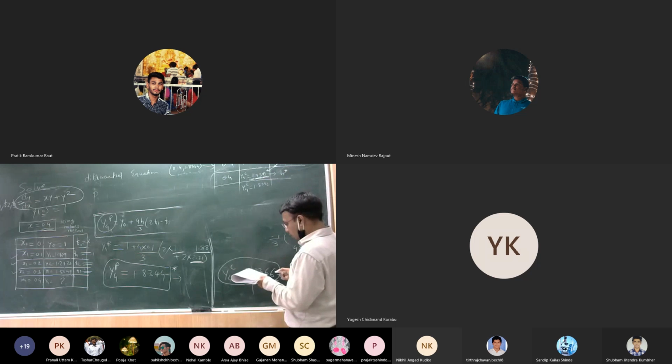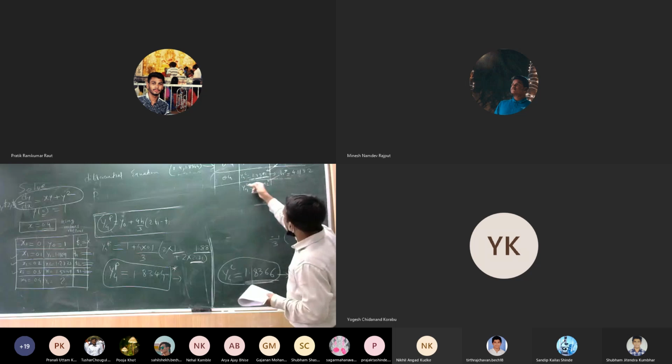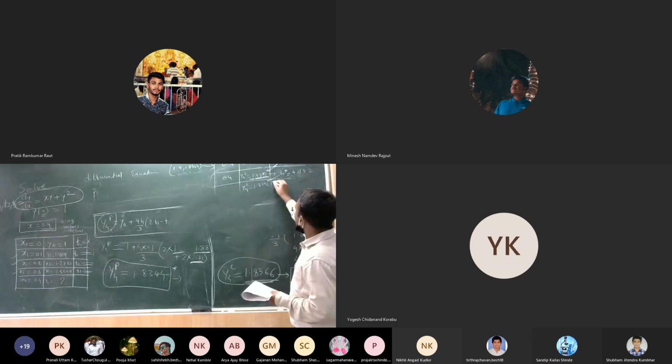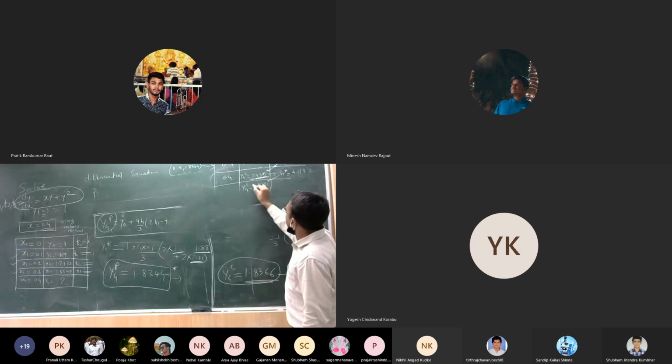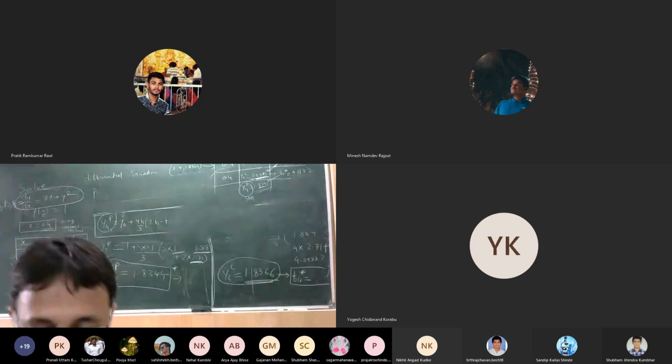So F4 star was coming, I have calculated, that was 4.1182. Again use this particular formula to calculate the new value of Y4. So again I have calculated, it was 1.8392. Now about 3 decimals are same. That's why I have stopped here, because the 3 decimal points are the same.